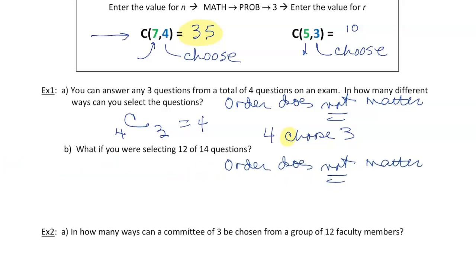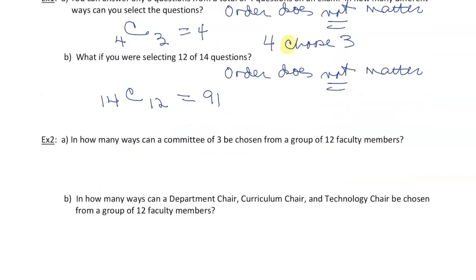So I'm going to have 14, and I'm going to choose 12. 14 is in front of the C and 12 is behind the C, and that gives me 91 ways in which to answer those 12 questions.